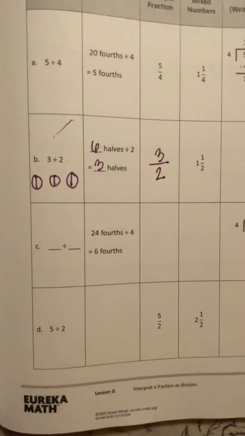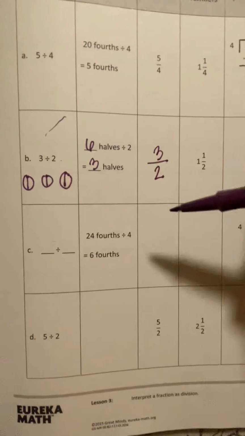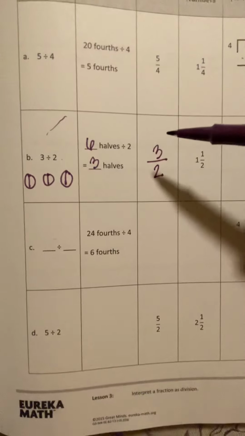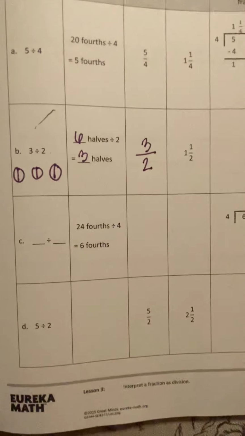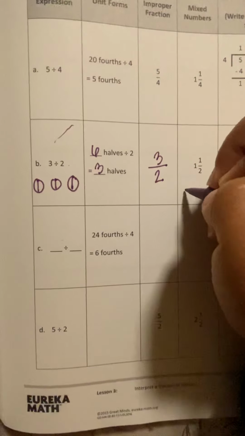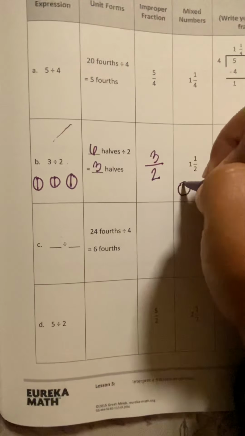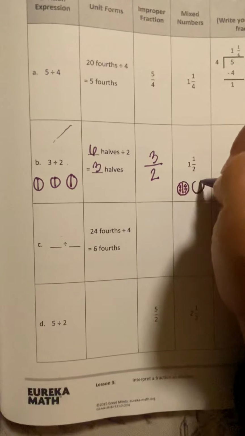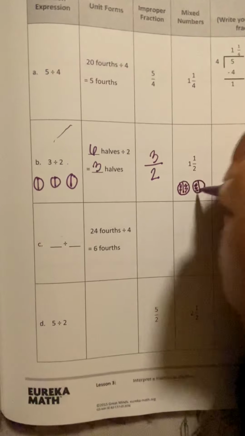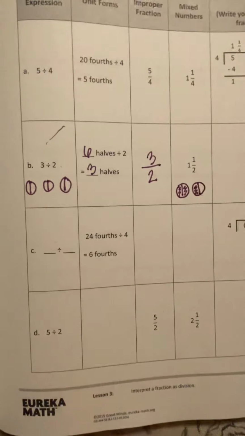Now, remember that we're familiar with this. This means that she ate 3 little slices out of 2. So there was 2, right? 1, 2, and 3. And that's where we get the 1 and 1 half.